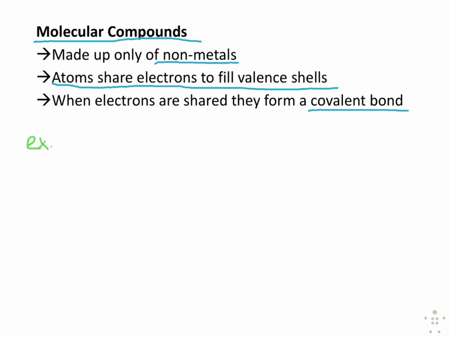So for example, if we look at H2, a compound where we have two hydrogen atoms, both of our hydrogen atoms have one valence electron.